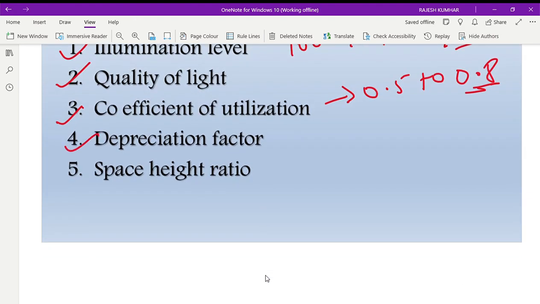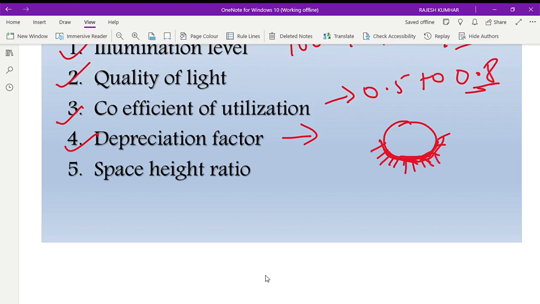Now the fourth point is the depreciation factor. The total flux emitted by the source and its fitting may be reduced due to the deposition of dust upon the surface. Suppose the source is a bulb and some dust particles come and settle on it, then the brightness of the bulb becomes less.